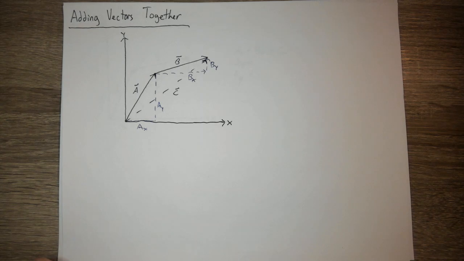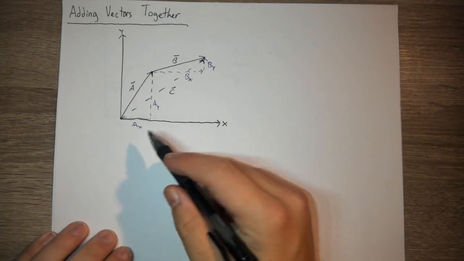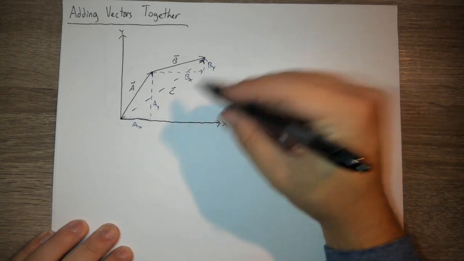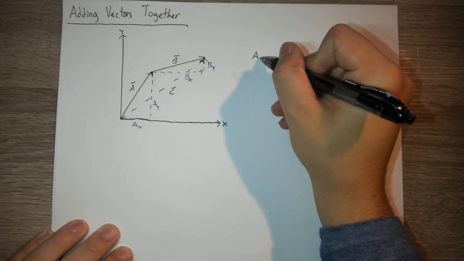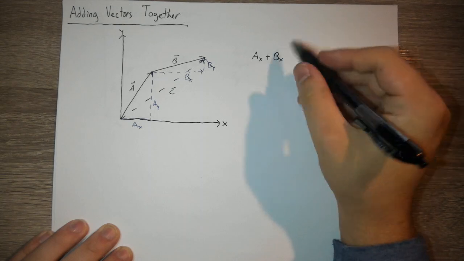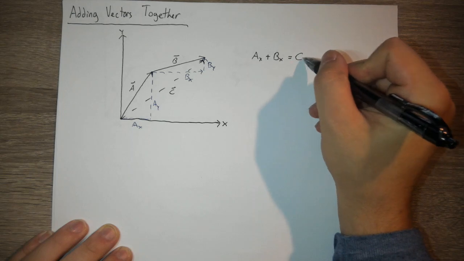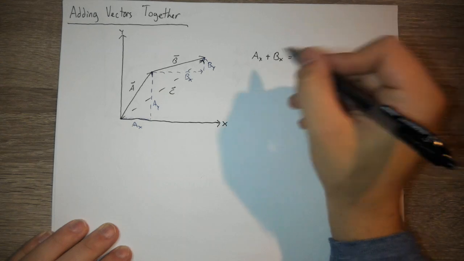So for addition, when we're adding vectors together, we can simply add the same components to each other, meaning that you can add the x component of A with the x component of B. And that is our resultant vector's x component.